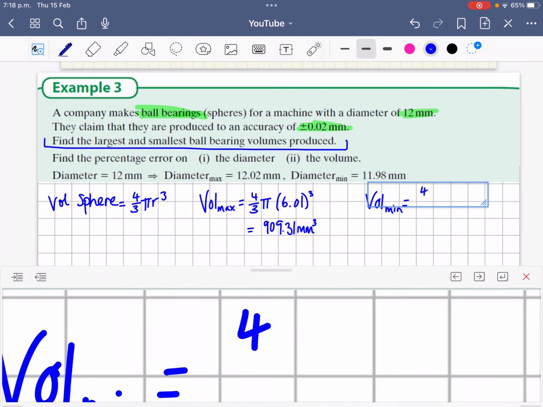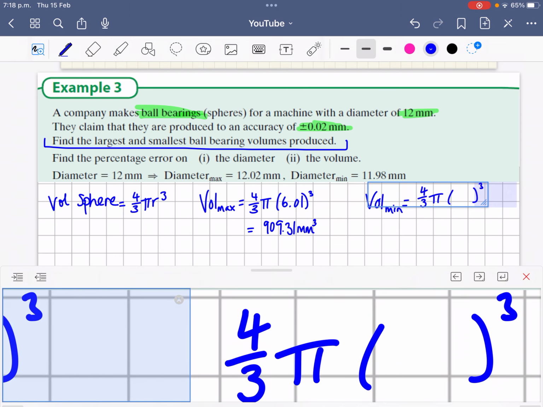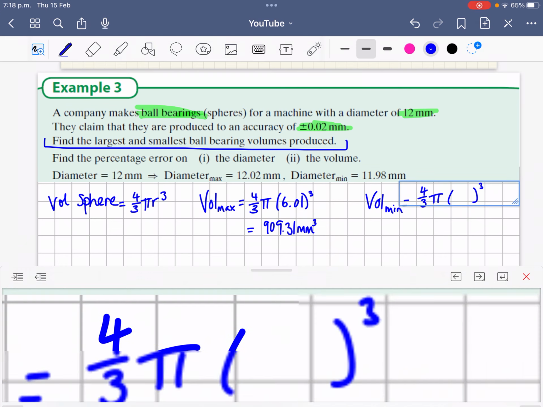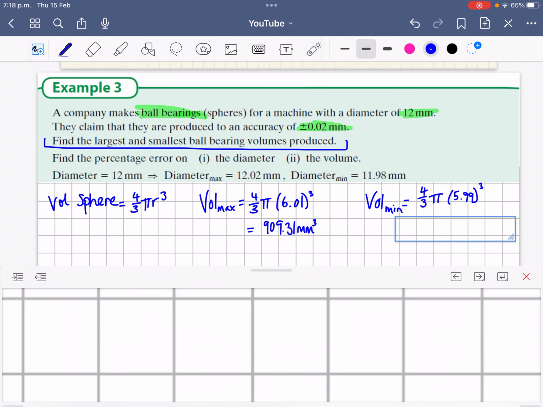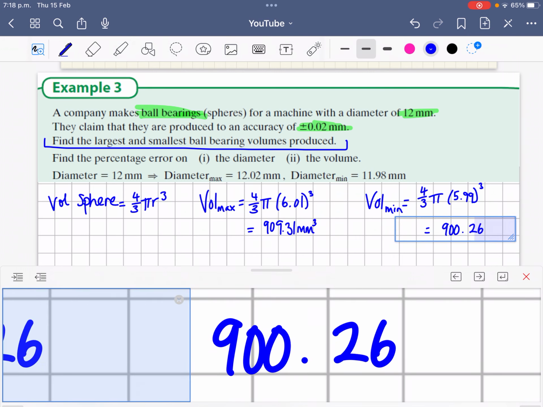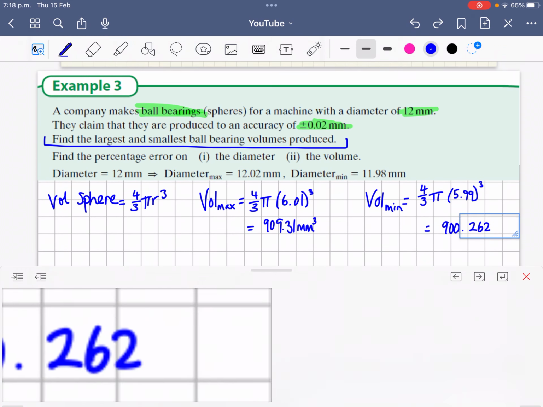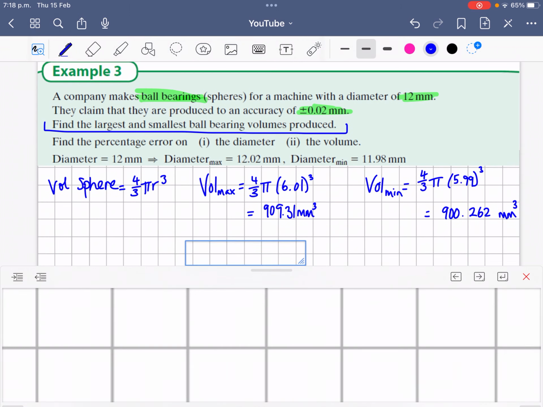And now if we calculate the volume minimum, it is going to be 4 over 3 pi r cubed, and if we have this diameter we get 5.99, and calculating that gives us 900.262 millimeters cubed. It's important you get your unit right, otherwise you lose a mark.